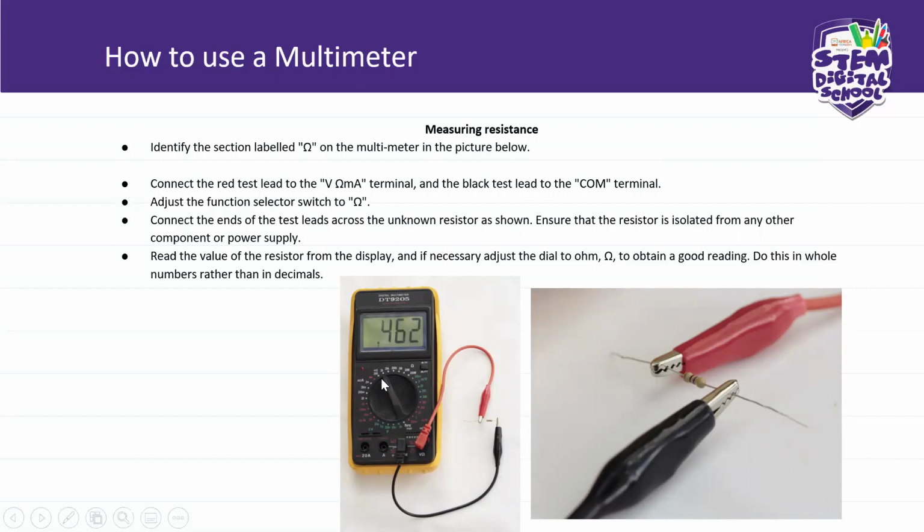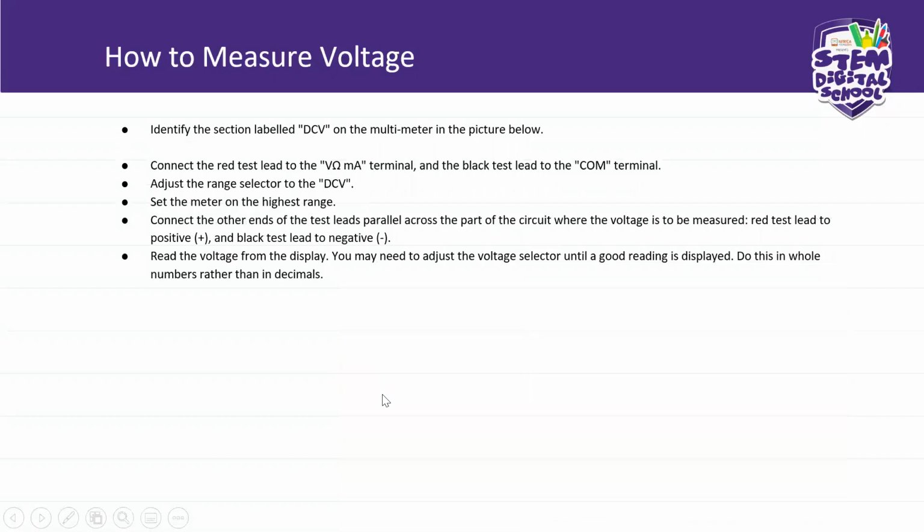So you will adjust this to the highest value of voltage. Then you connect the test leads parallel across the part of the circuit where the voltage is to be measured. You connect it in parallel. You don't connect the multimeter in series when you are measuring what? Voltage. You connect it in parallel.